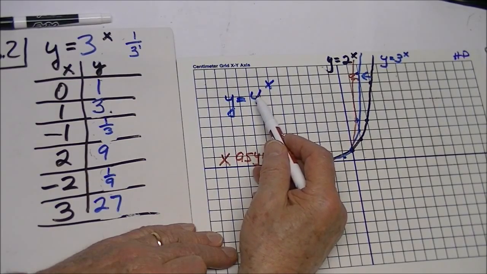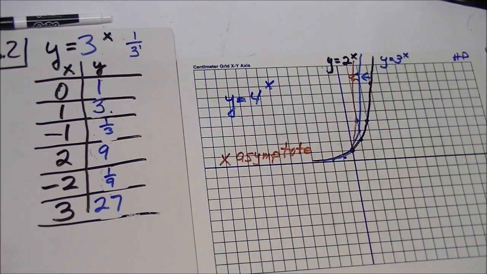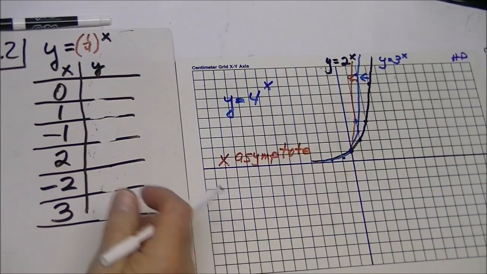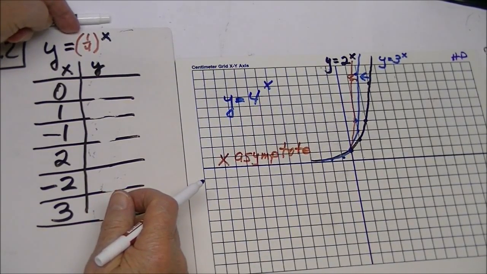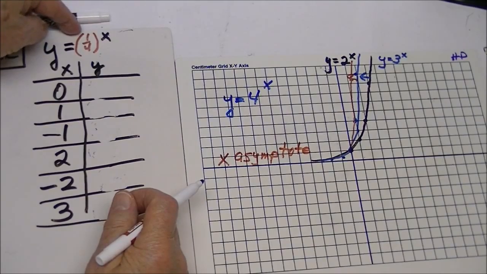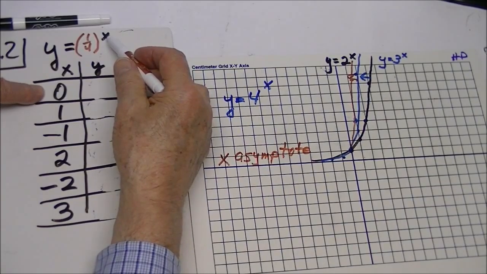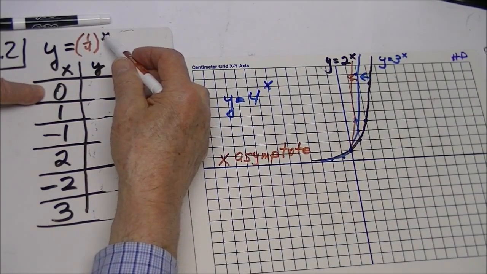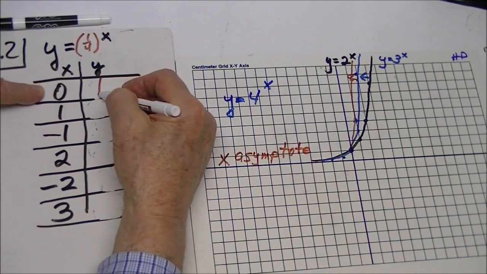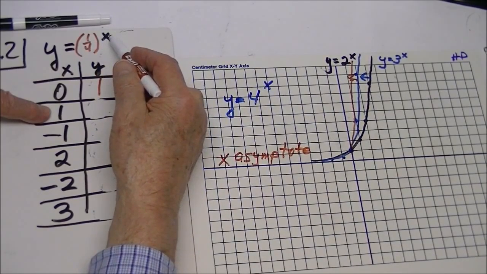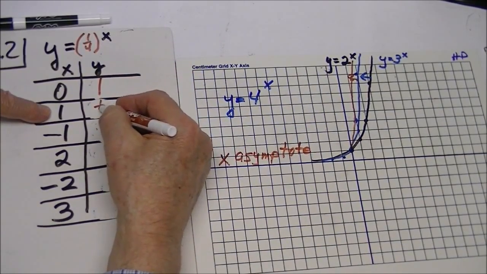How about now if we make this base a fraction? What would that look like? Now, if our base is, let's say, 1/4, and we're going to raise 1/4 to the 0 power, anything to the 0 power is 1. Now, 1/4 to the first power is 1/4.